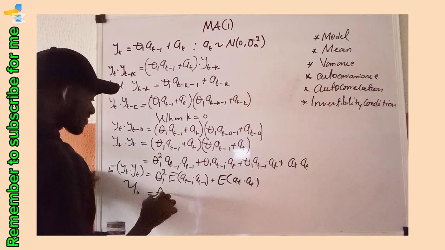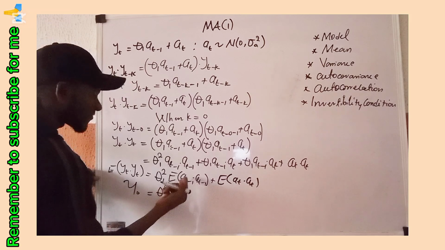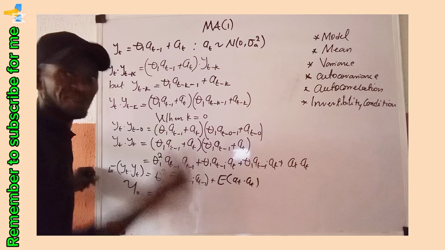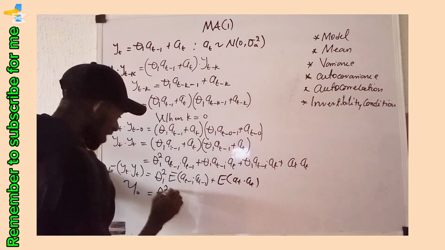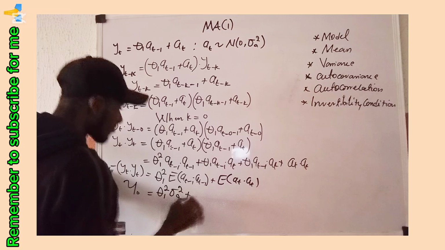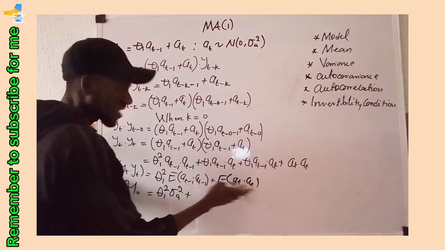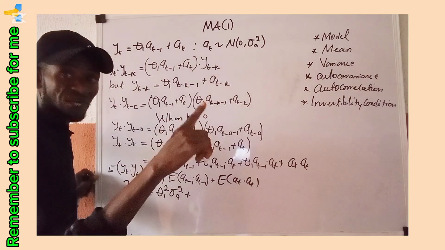What I have here is theta 1 all squared. Of course, expected value of error terms at t minus 1 and at t minus 1 is what we call the variance of the error term, which is given to us as sigma squared of A. Plus expected value of error term at time t and at time t is equally sigma squared of A because of stationarity condition.